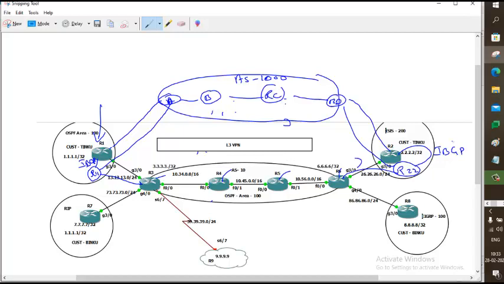One question. So we will have two interfaces configured with two IP addresses, right, on R1 and R11? How do we write the routing part?